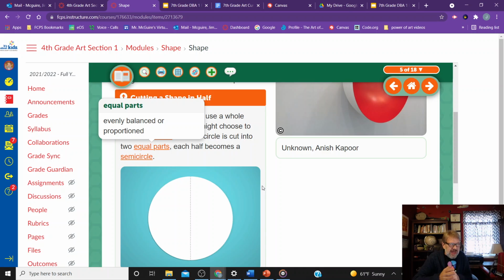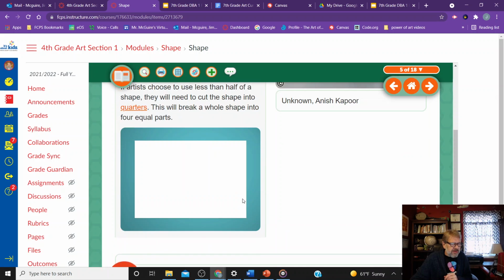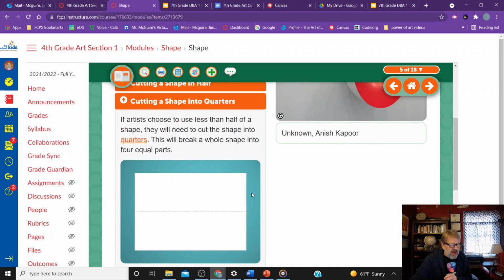But if we cut it in half, that's a semicircle. Half of a circle is a semicircle. When we cut a piece of paper in half, we can cut it in different ways. This is a rectangle, so we can cut it in half a couple different ways. We can quarter it, or partition it into quarters, which is 1/4. Think about a quarter being 1/4 of $1. Well, a quarter of a piece of paper is 1/4 of that piece of paper.